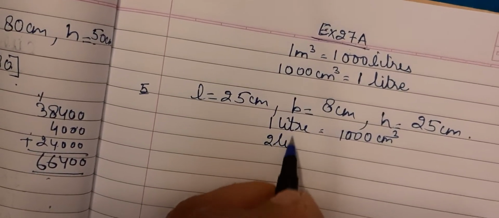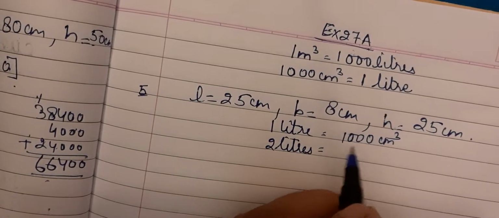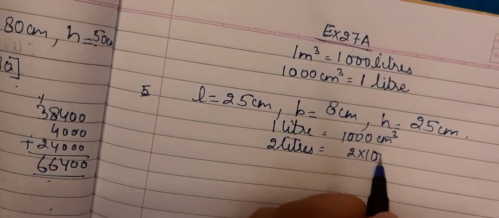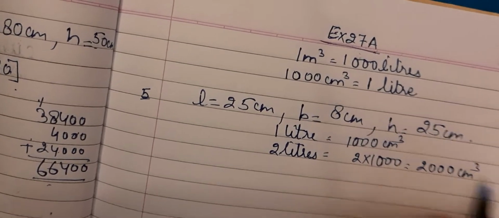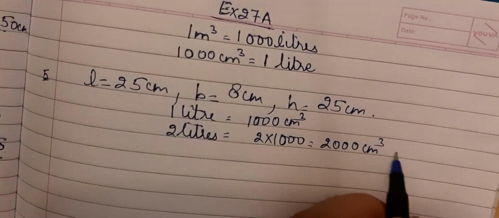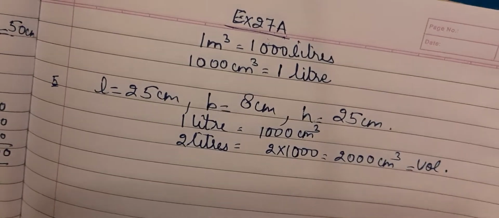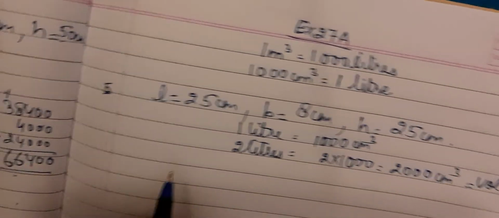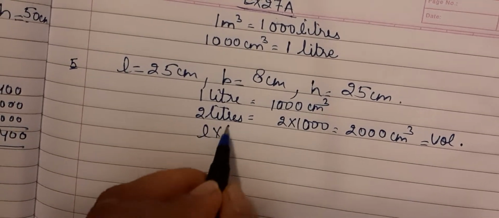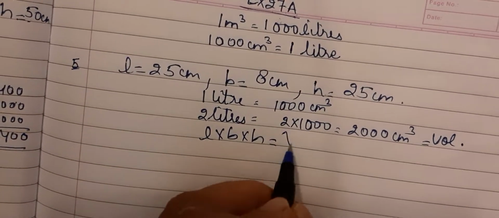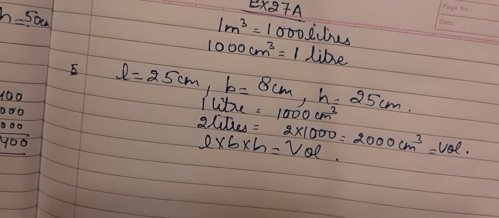So 2 liters will be how much? You are going to multiply 2 with 1000 and you are going to get 2000 centimeter cube. It means this is the volume of the petrol, and the formula for the volume is length into breadth into height is equal to volume.